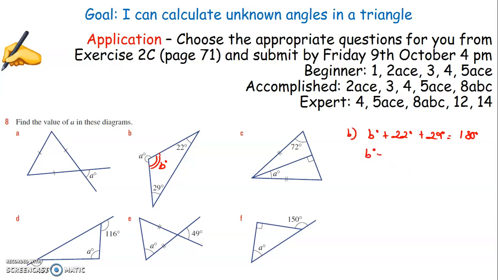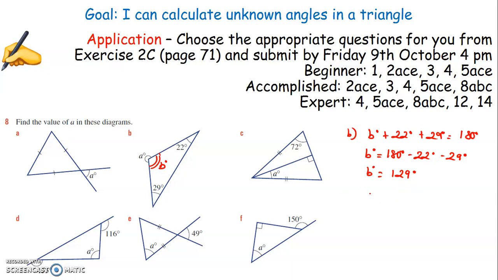So to get B, I'm going to take 180 and subtract 22 and then subtract 29 degrees. You can do this on your calculator or in your head. 180 minus 22 is 158, and 158 minus 29 would give you 129. So 129, and that's B.